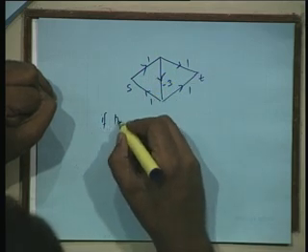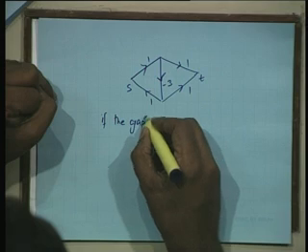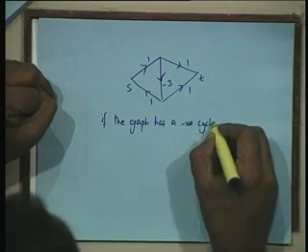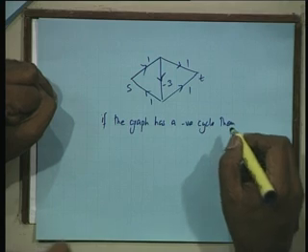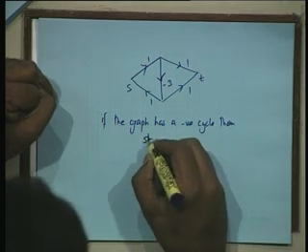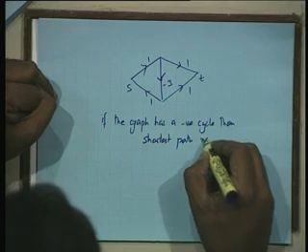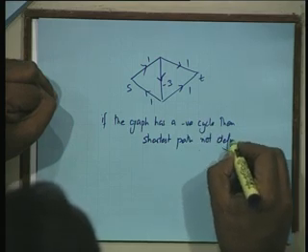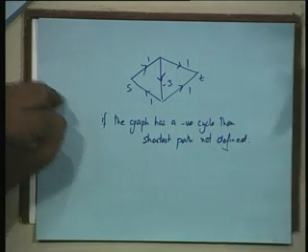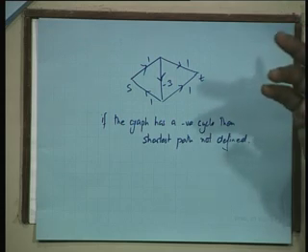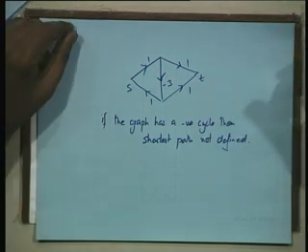So, if the graph has a negative cycle, then the shortest path is not defined, or there is no notion of a shortest path anymore, because the length of the shortest path could be minus infinity.